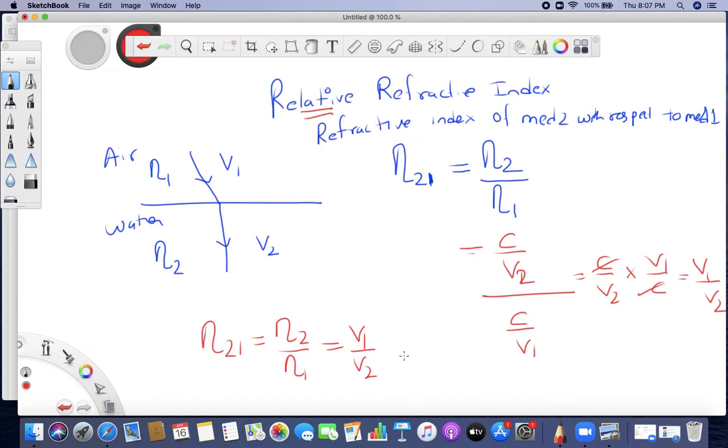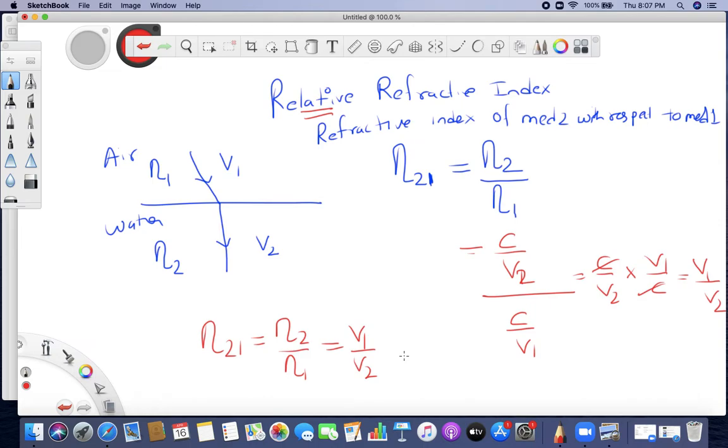So we learned refractive index, then we learned what an absolute refractive index is, then we learned what a relative refractive index is. Whenever you are comparing two media, medium 1 and medium 2, or medium 2 and medium 3, you are going to put refractive index in relative terms. So n21 is equal to n2 upon n1, which is equal to v1 upon v2. Here you can easily see n2 upon n1, and on the opposite side you get v1 upon v2.